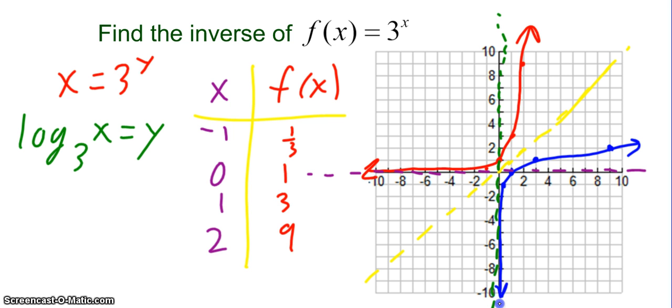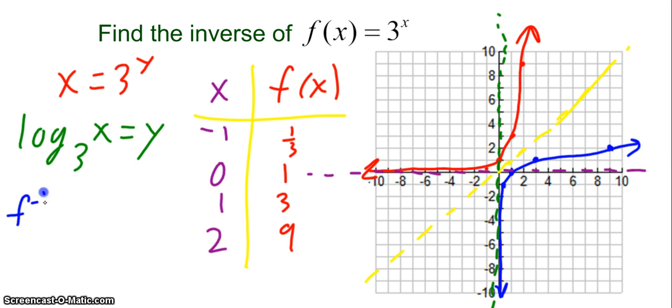I know I pointed this out at the very beginning of the year when we did our summer review unit, but you cannot trust your calculator to do a log graph for you. It'll show you only some of the graph, but because of this vertical asymptote, it's not going to show you everything. So you need to understand that the function is going to continue on forever to negative infinity.